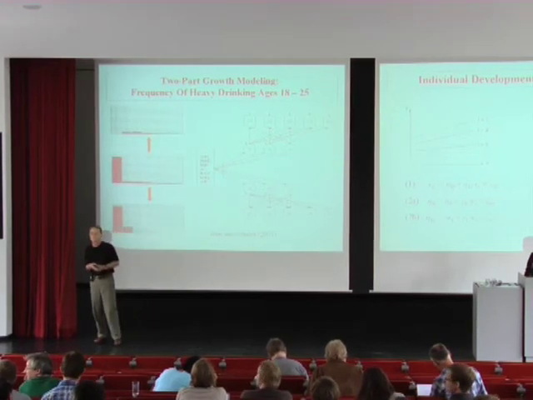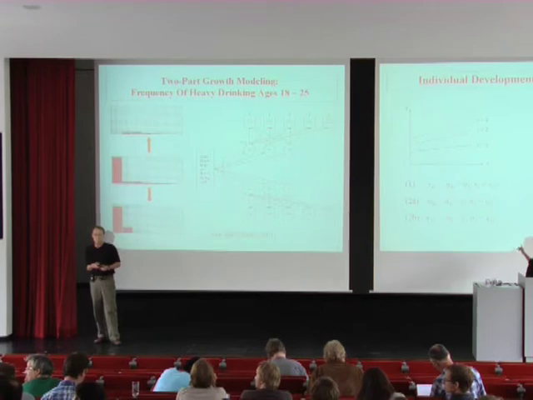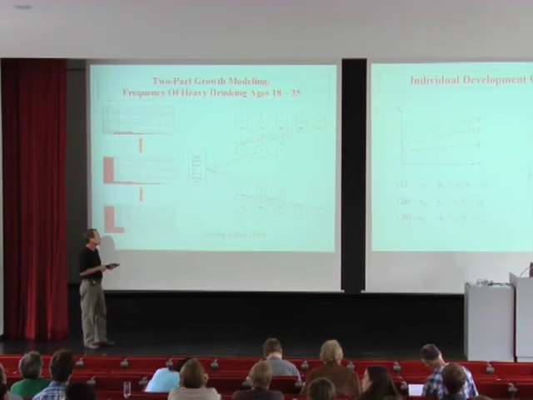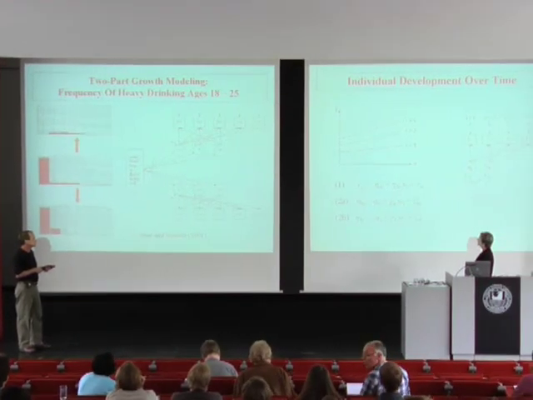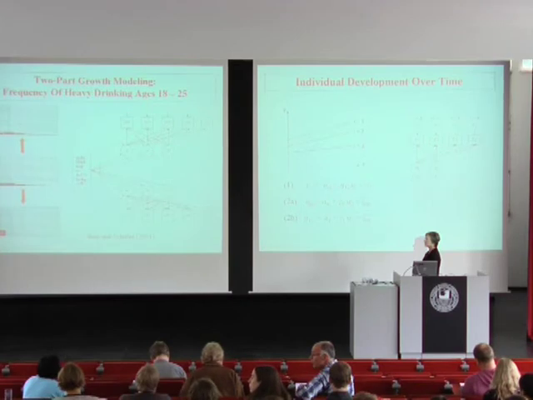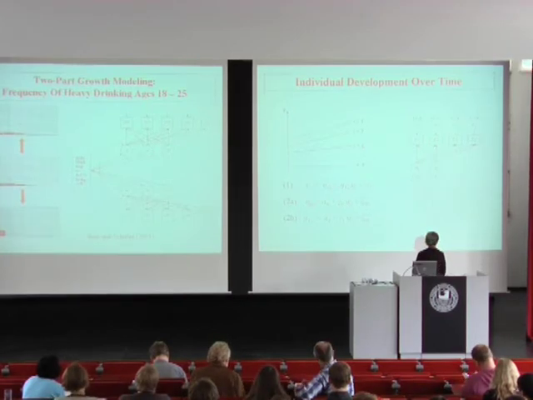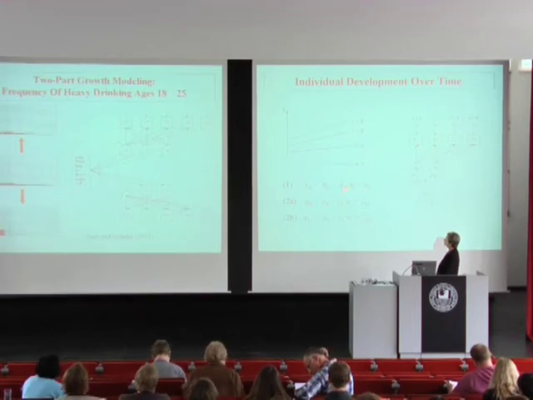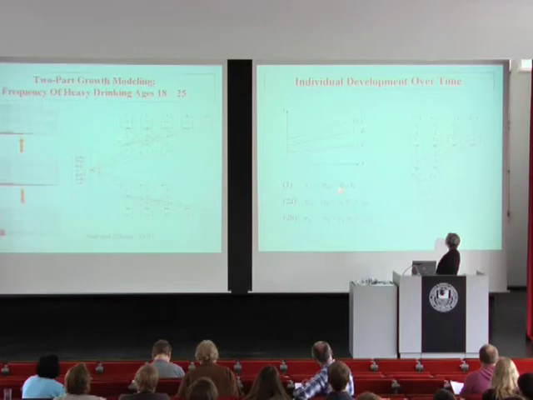I have 2 questions. First about the right hand slide. I'm not sure if I understood well. Did you assume here that the slope is constant for every individual over all time periods?